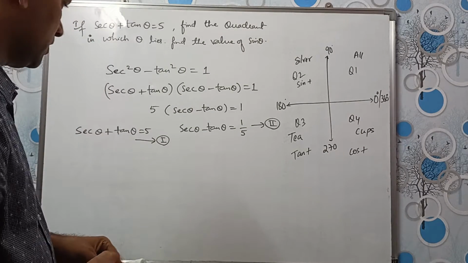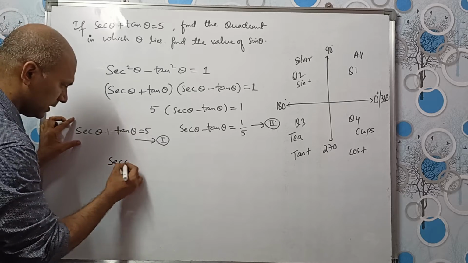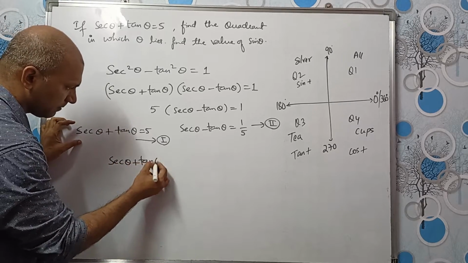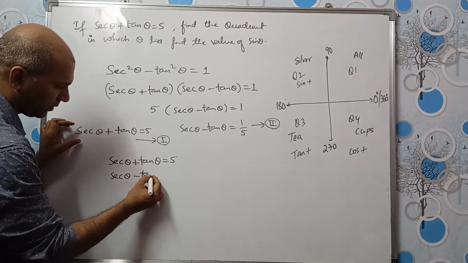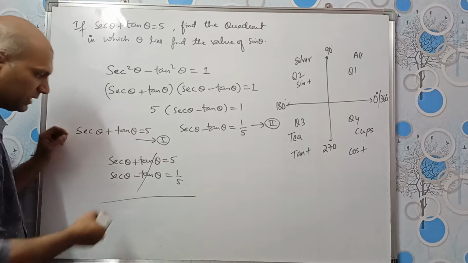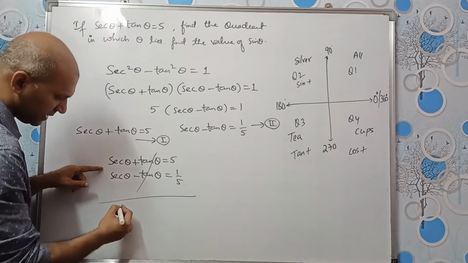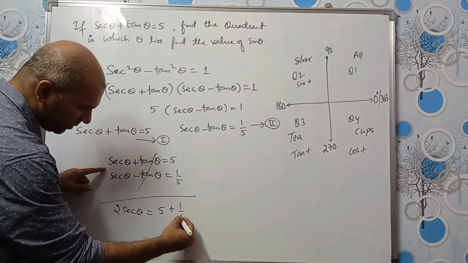Okay. Now add one time, subtract one time, right? So let us add first. Let us add two equations. If you add, tans will get cancelled, right? Plus tan minus tan. So this is 2 secant theta is 5 plus 1 by 5.